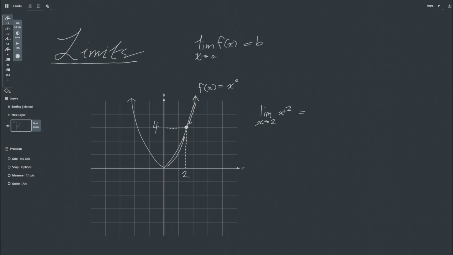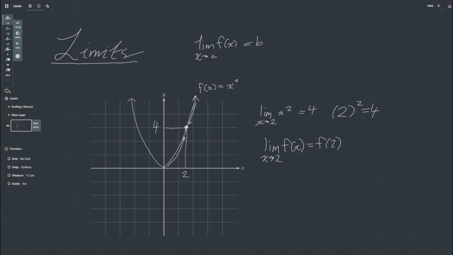So we can say the limit as x approaches 2 of x squared is 4, because the closer we get to 2 on the x-axis, the closer we get to 4 on the y-axis. Now this corresponds with 2 squared equaling 4. So in this case, the limit as x approaches 2 of f of x is just equal to f of 2.